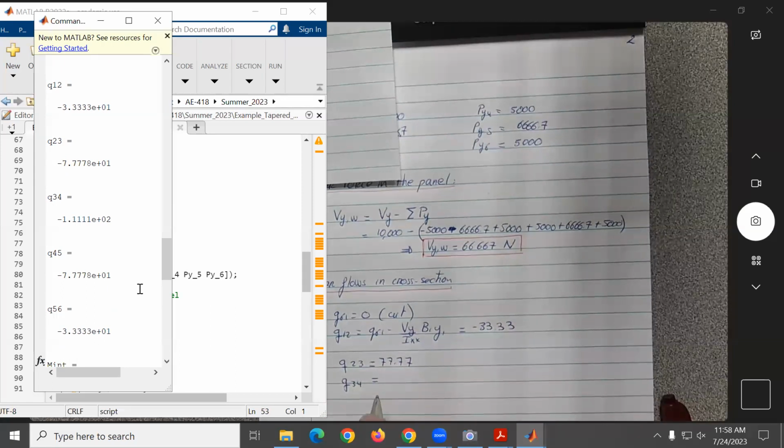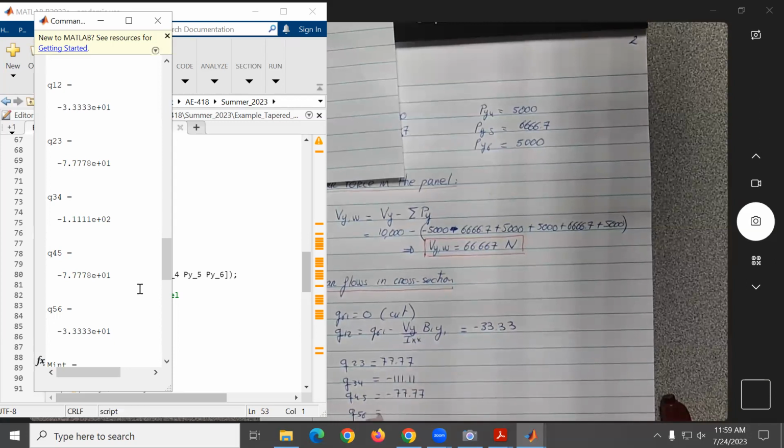Q34 will be equal to negative 111.11. Q45 minus 77.77. Q56 minus 33.33.